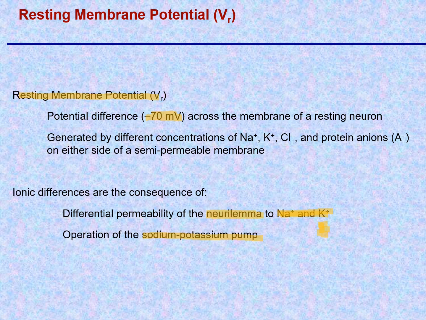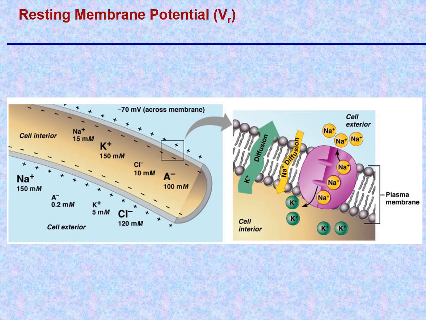As a result of this, if we're looking at part of a neuron, what they've done is looked at a characteristic, generalized neuron.